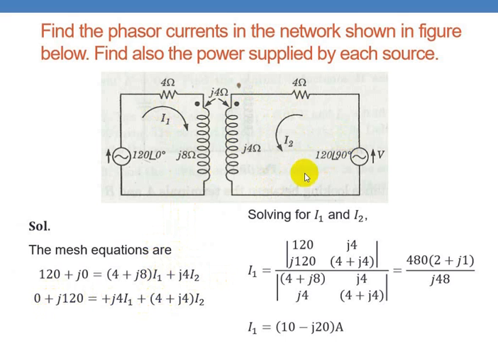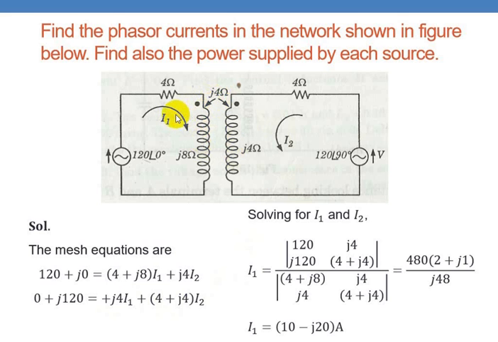This voltage, 120 at an angle, can be written as 0 plus J120. This is the voltage source. This is equal to the sum of this resistance and reactance, 4 plus J4 into I2, which is the drop here, plus the voltage drop in the mutual inductance. This coil is coupled to this one, therefore J4 is the reactance of mutual inductance.